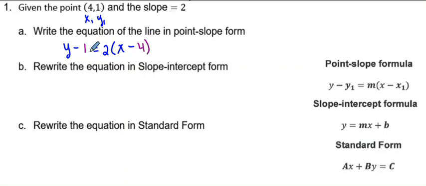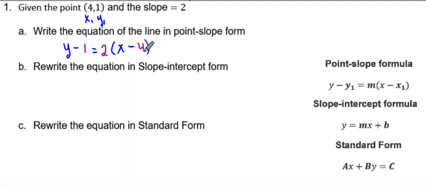So we plug in the y coordinate here, the slope here, and then the x coordinate of the point we want the line to go through here. And that's all you have to do to write it in point-slope form.